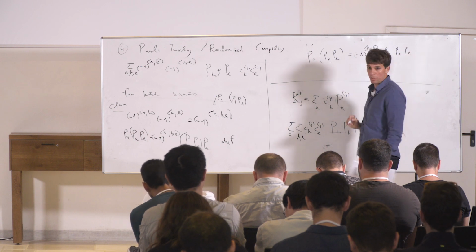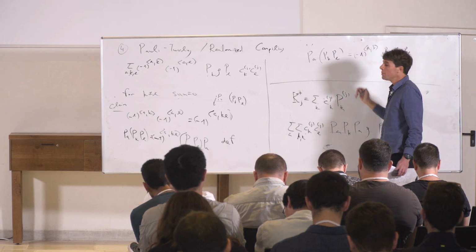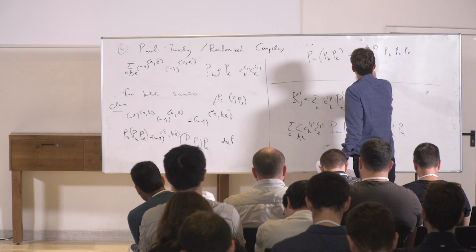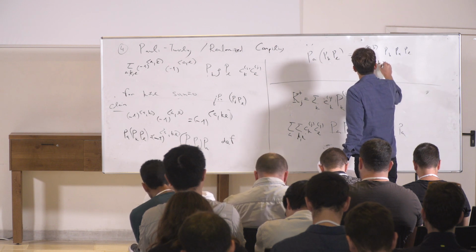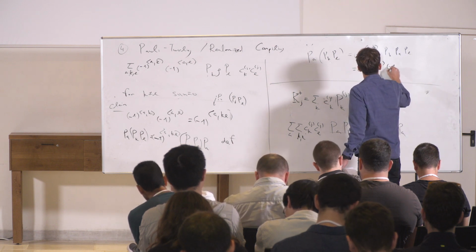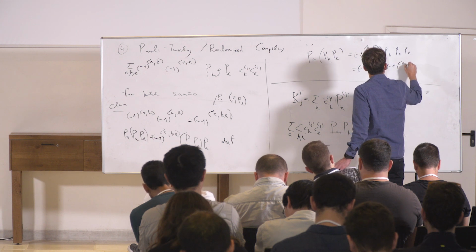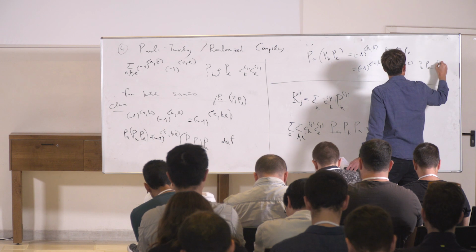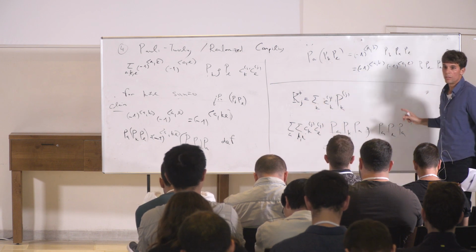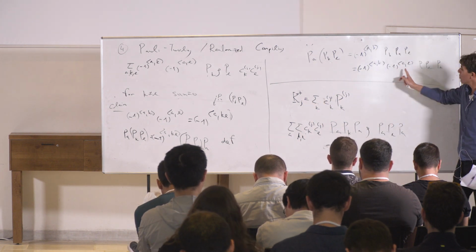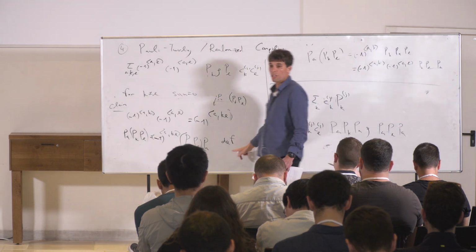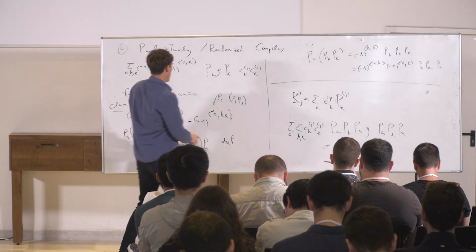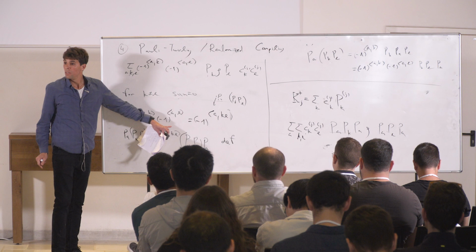This is the first commutation. And then I do another one, and I get two of these factors. This is the second commutation. Now you compare this with this definition, and you see that this is exactly what I wanted.